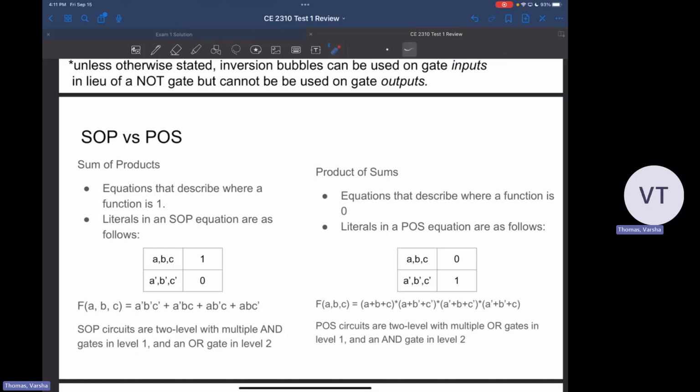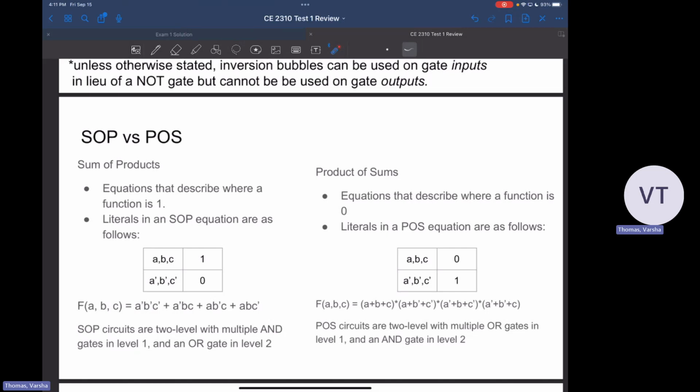So in this example where you have a sum of products equation, each of these terms will have a value of 1. Each term shows you exactly which set of literals will produce an output of 1. SOP circuits are typically just 2 levels. You've got multiple AND gates and a single OR gate to tie those outputs from the AND gates together to produce one single output.